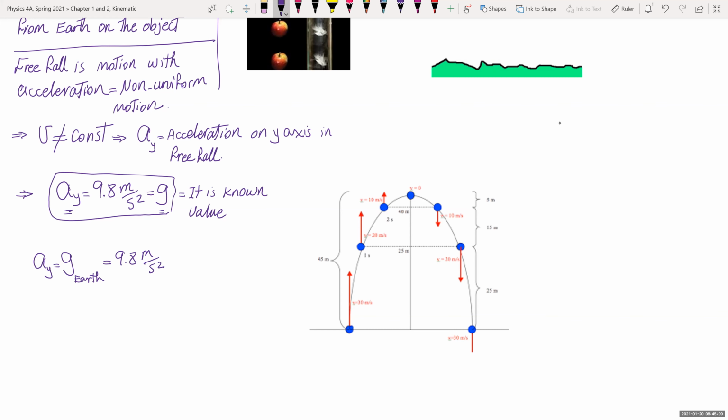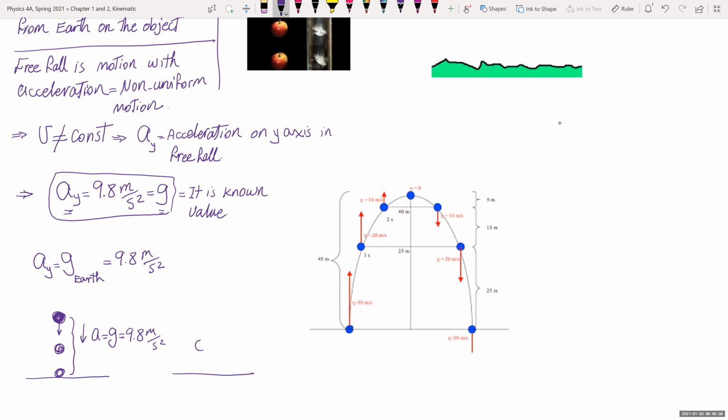Just go ahead now. You may have an object in front of you. Just drop it. It falls. Right? What is the acceleration during the motion? It's g. How much is it? It's 9.8 meters per second squared.